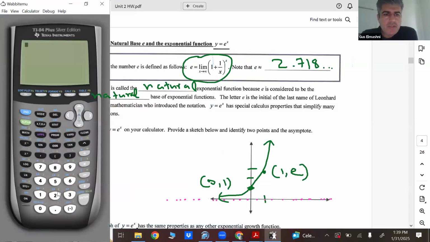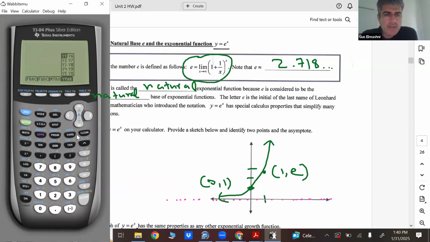Okay. So if we think about it, actually, let's do this. This will be easier. I'm going to type this in over here: 1 plus 1 over x, raised to the x power.